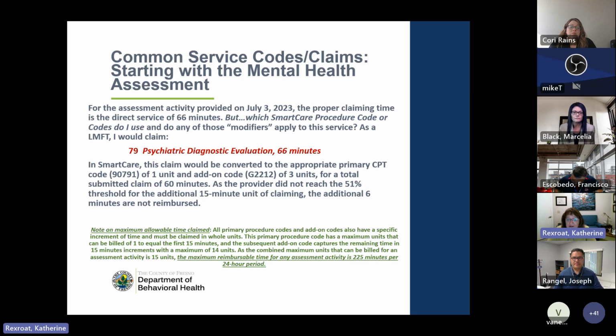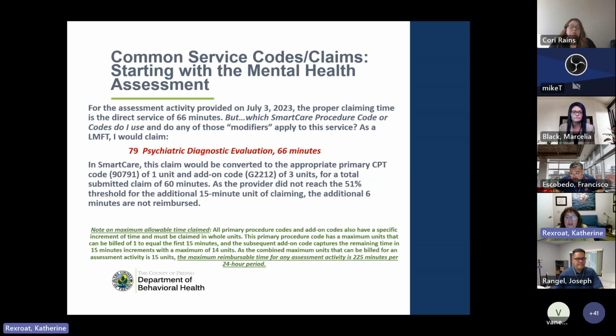In SmartCare, this claim will be converted to the appropriate primary CPT code of 90791 of 1 unit and an add-on code of G2212 of 3 units for a total submitted claim of 60 minutes. As the provider did not reach the 51% threshold for the additional 15-minute unit of claiming, the additional 6 minutes are not reimbursed. That is how the claim will convert over in our SmartCare system.